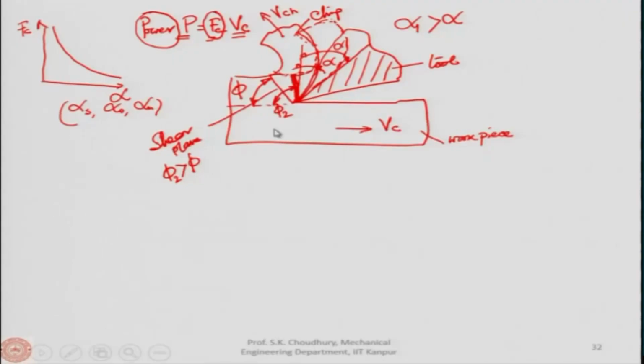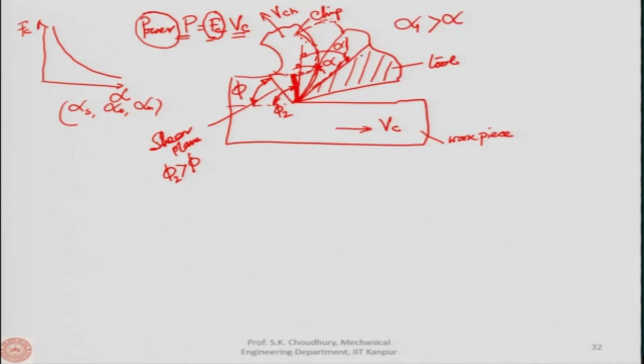Now, if you see in this diagram, when we are increasing the rake angle, for example, from alpha here to alpha 1, the tool becomes the hashed one. The hashed one is the new shape of the tool, where you see the tool is weaker.